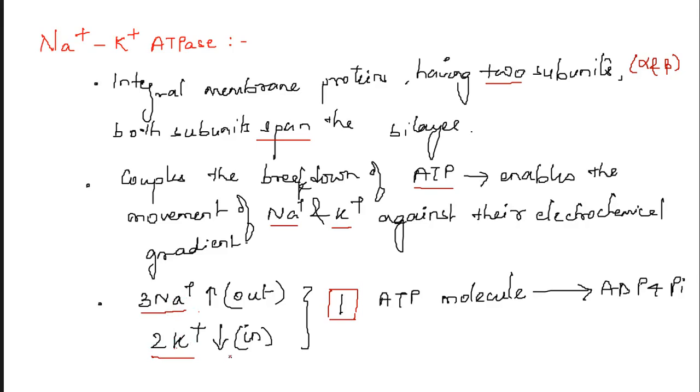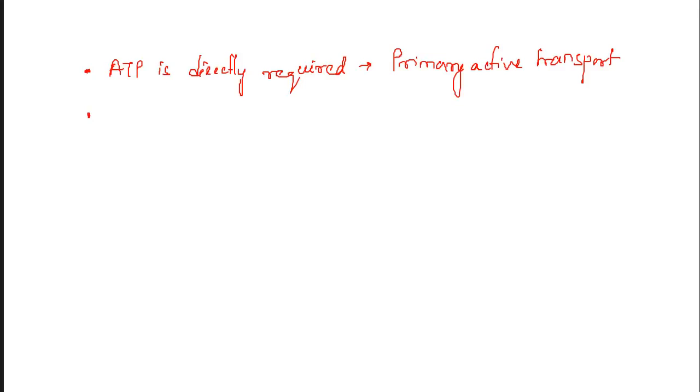So there is a net movement of one positive charge out of the cell. So we can say that the outside of the cell is positive.